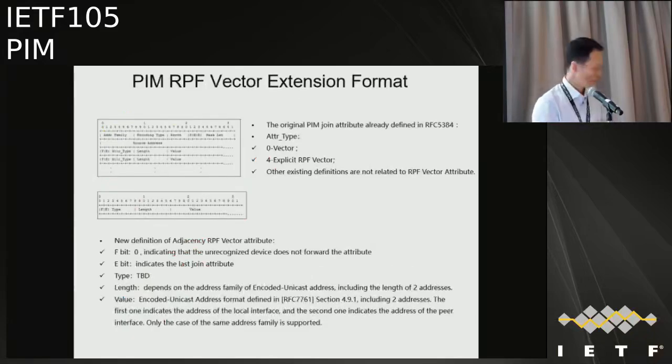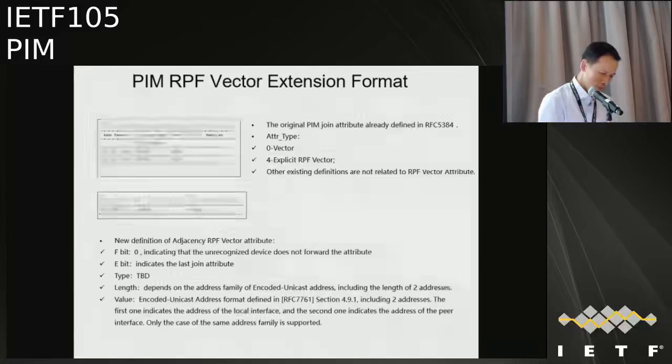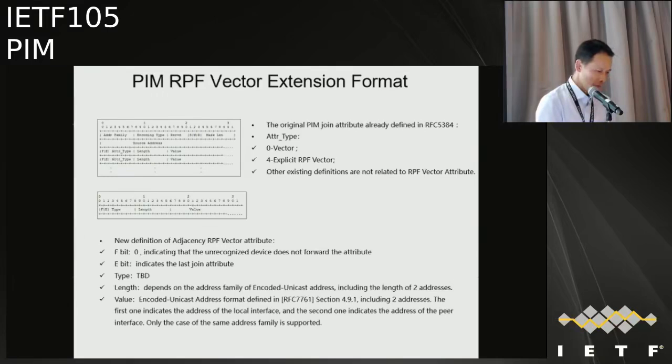I have one comment. For this extension, you specify your own interface address and the neighbor's address to uniquely identify this segment. There is an existing RFC for router and interface identifier, a PIM Hello option, that can also be used to uniquely identify an interface on a router. So I wonder if maybe that could be helpful.